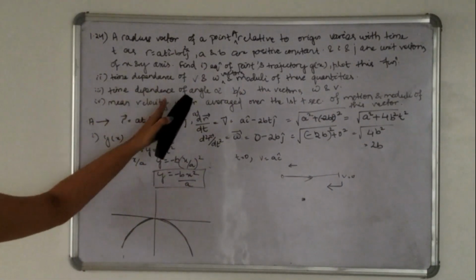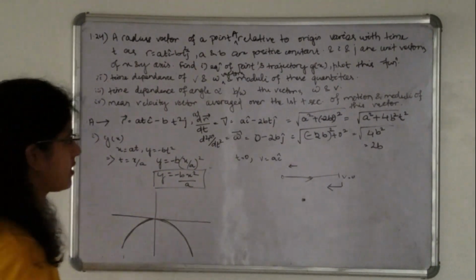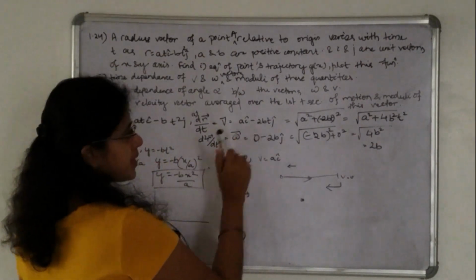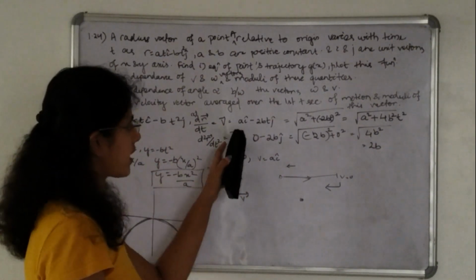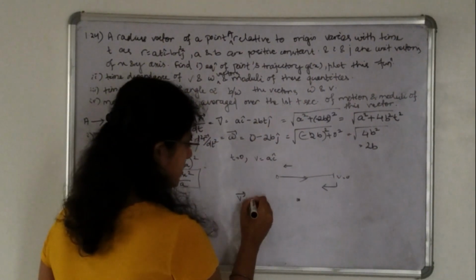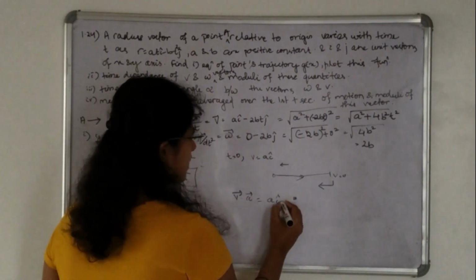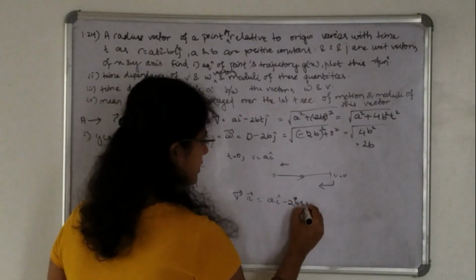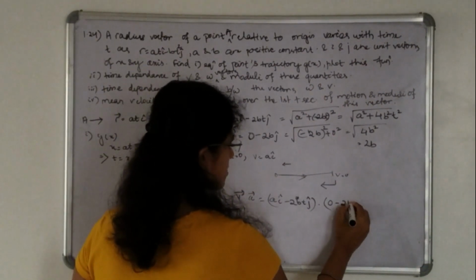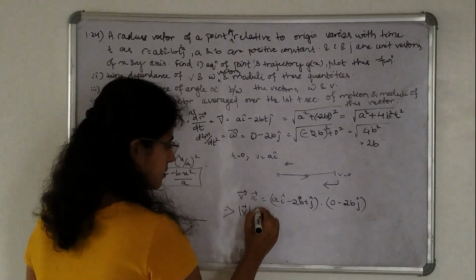Next we have to find the time dependence of the angle alpha between the vectors omega and v. So v is a i cap minus 2bt j cap, and omega is minus 2b j cap. If we take the dot product, v dot a, what can we get? a i cap minus 2bt j cap dot 0 minus 2b j cap.